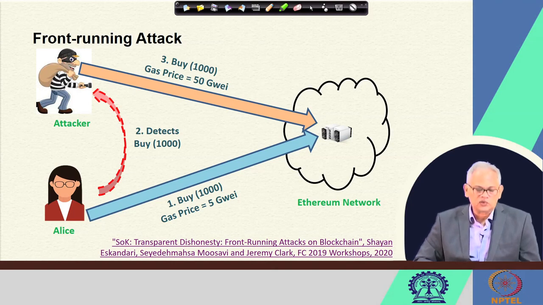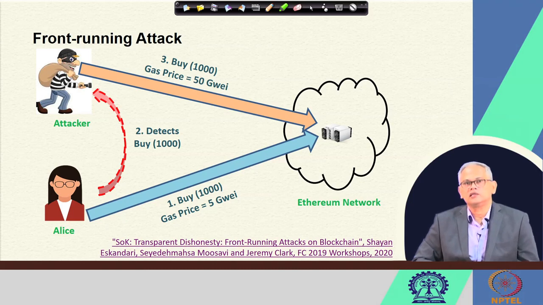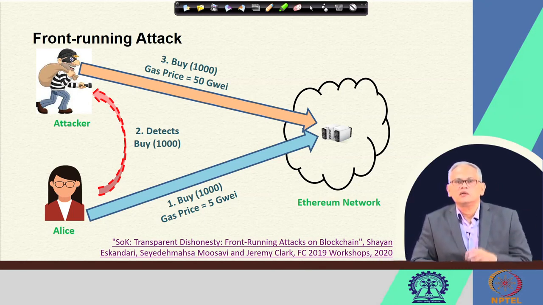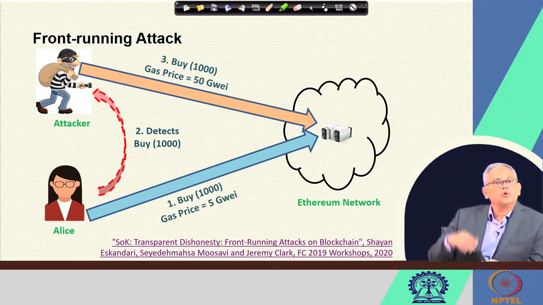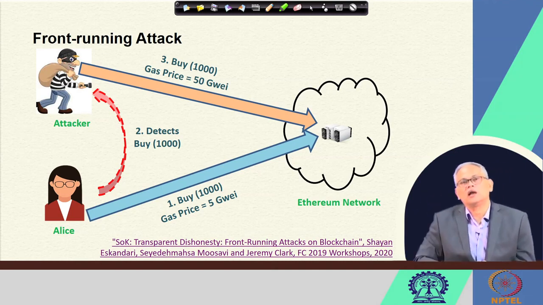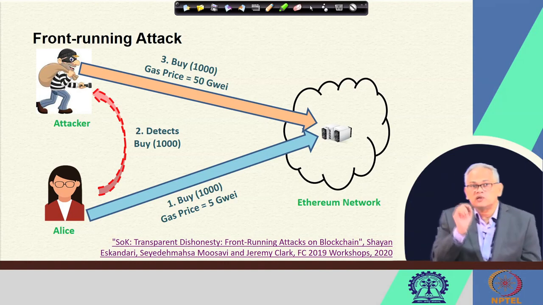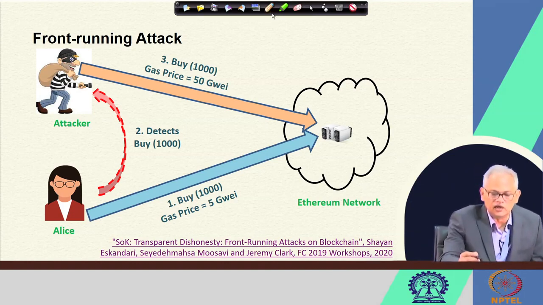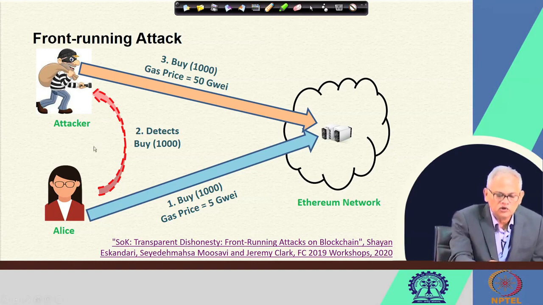For example, the attacker sees that Alice is going to buy some 1000 units of ethers in the Ethereum network, and the attacker feels that if so many ethers are purchased by one party, then the cost of this ether might go up. So, if attacker later on tries to buy 1000, it will have to buy at a higher price.